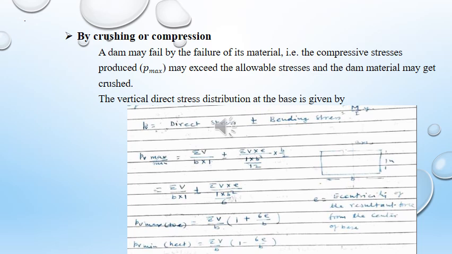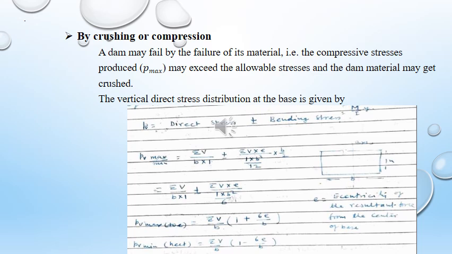Here this is the dam section with B as the width, and consider 1 meter length. So, this is the center, and now taking some eccentricity e, the eccentricity of the resultant from the center of the base.